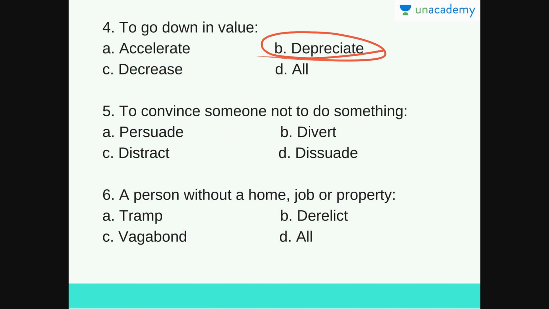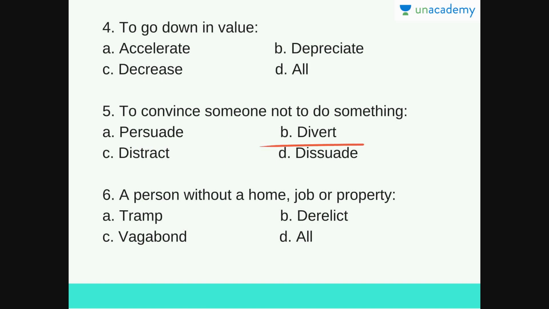Next question is to convince someone not to do something. Options are persuade, divert, distract and dissuade. So the answer for this question is D, dissuade, which means to convince someone not to do something. Persuade is to convince someone to do something.